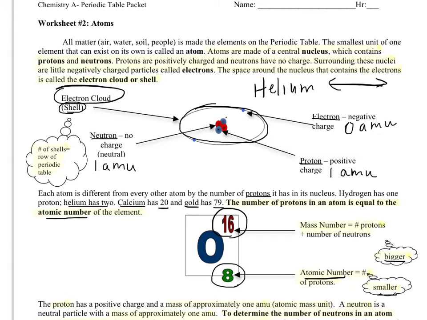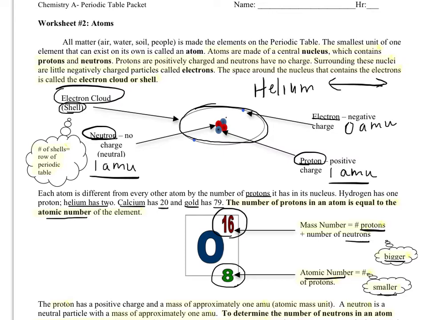Now, we said that a proton weighs 1, and a neutron weighs 1, and an electron doesn't weigh anything. So if we want to add up the mass, we have to add the number of protons plus the number of neutrons, because each proton weighs 1 AMU and each neutron weighs 1 AMU. So we add them together, we get the mass of the element.